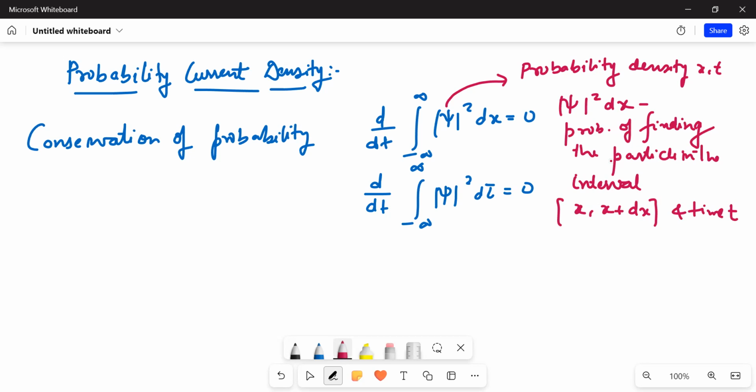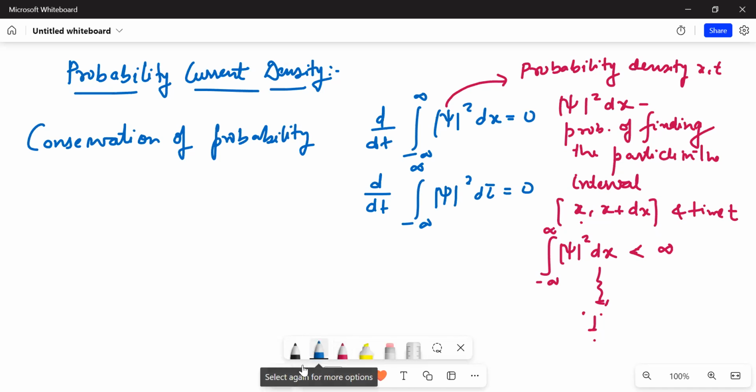And if you integrate this, you'll get the total probability. If you integrate from minus infinity to plus infinity, it should be some finite answer, less than infinity, and more precisely, it should be 1. This is all that you already know.